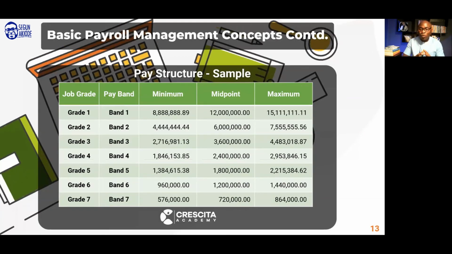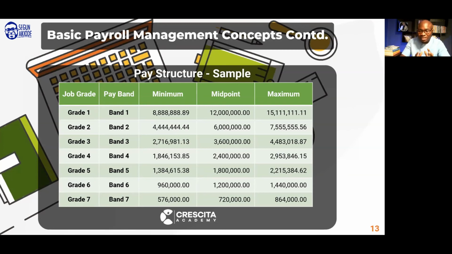So at that point, when we say every job on grade 7, their pay is pay band 7, and the salary is from the minimum pay, the midpoint, and the maximum. At that point, you have defined your pay structure. Your pay structure design tells you, translating for each job grade and pay band, the minimum salary, midpoint, and maximum each of the grades should earn.